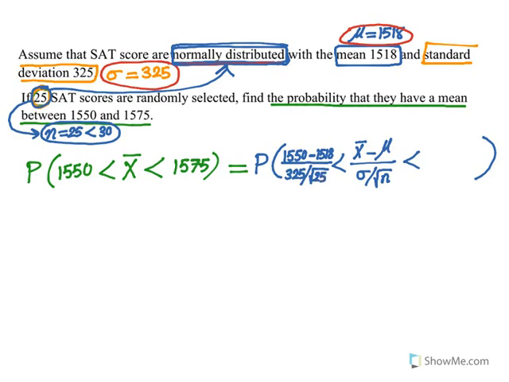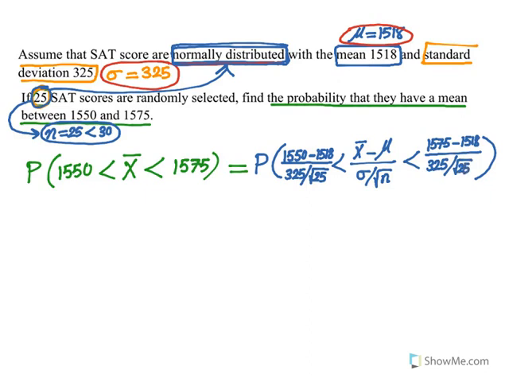And the other one is 1575 minus 1518, divided by standard deviation 325, divided by radical 25.